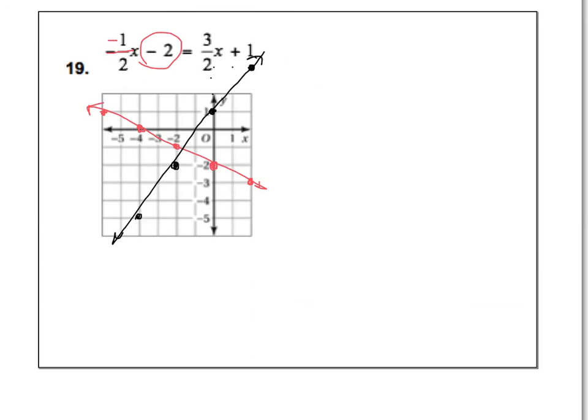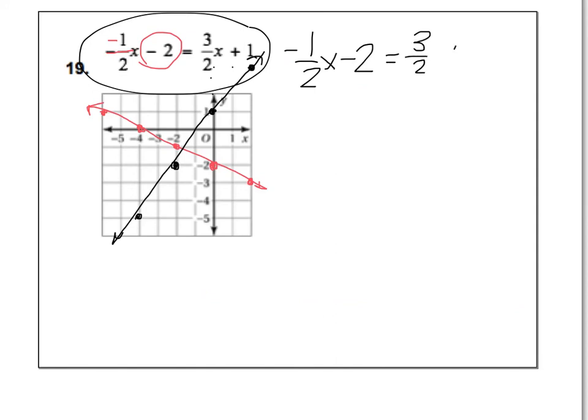So in order to figure out where they cross, you have to take this equation and actually solve it. So negative 1/2 x minus 2 equals 3/2 x plus 1. I'm going to go ahead and get all of my x's together. So I'm going to move this minus 1/2 x over to the other side by adding 1/2 x.